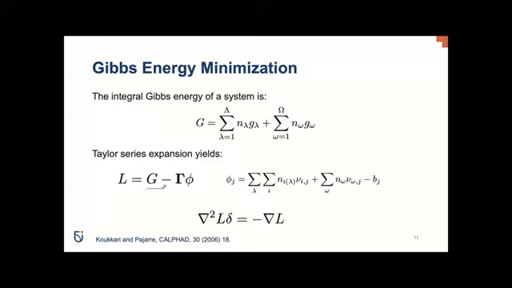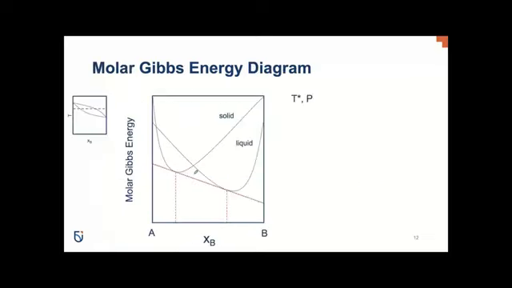L is the integral Gibbs energy of the system minus your constraint function, which is basically the residual of your mass balance equations multiplied by the element potential vector. And by solving this optimization problem, one can determine a unique set of number of moles of species and phases that yields a minimum of the Gibbs energy function while respecting the phase rule and mass conservation equations.